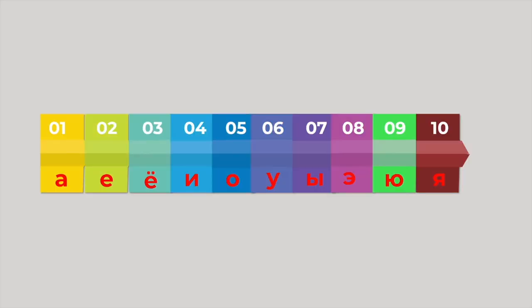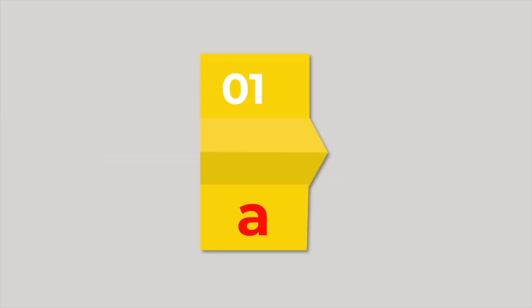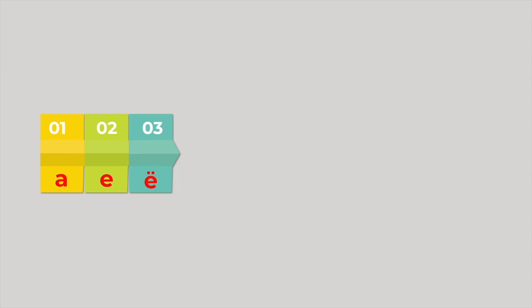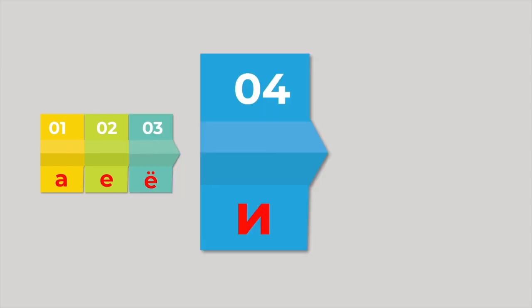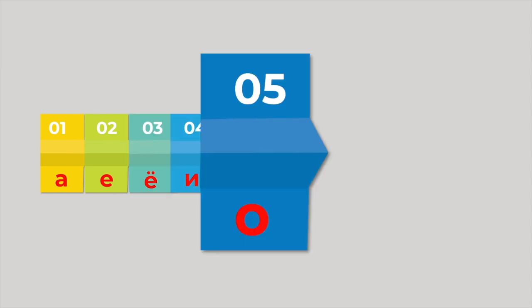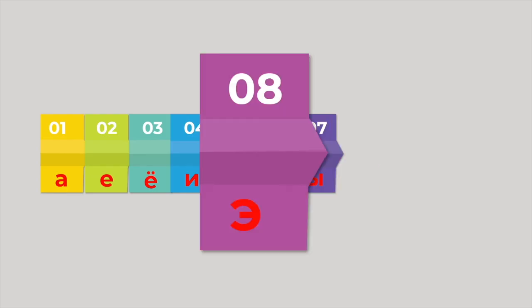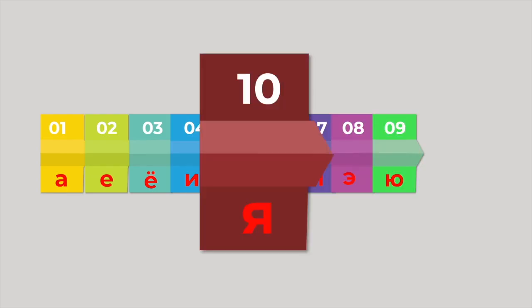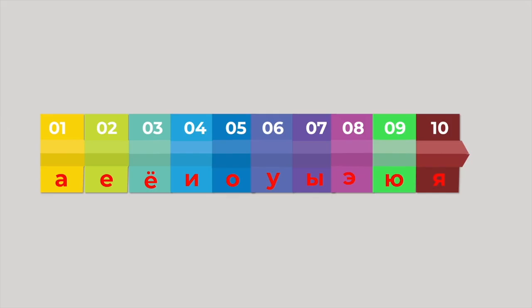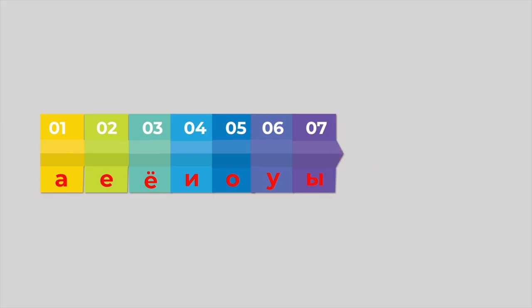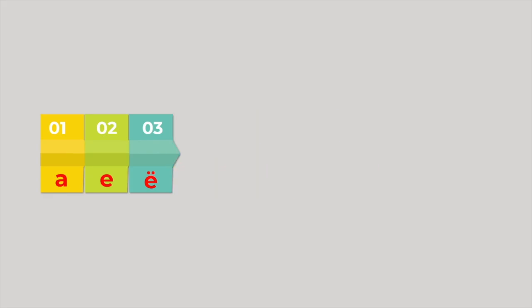Alright, here you can see these vowels, as we can count them: A, Ye, Yo, E, U, U, E, U and Ya. All these vowels, which are 10 in number out of 33, are very important and have their peculiar sound.